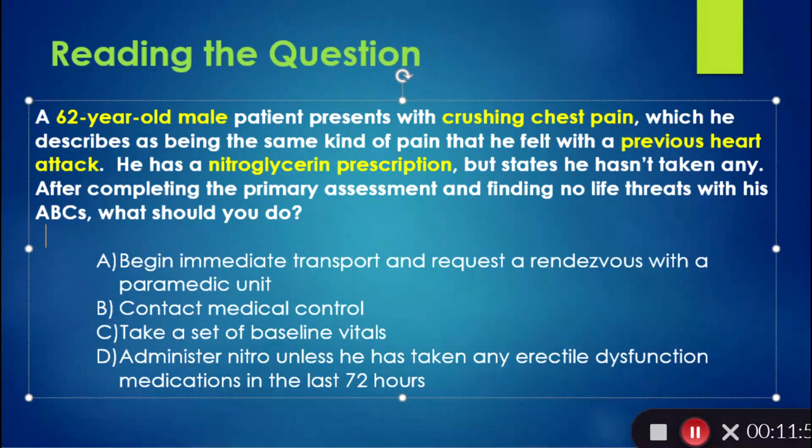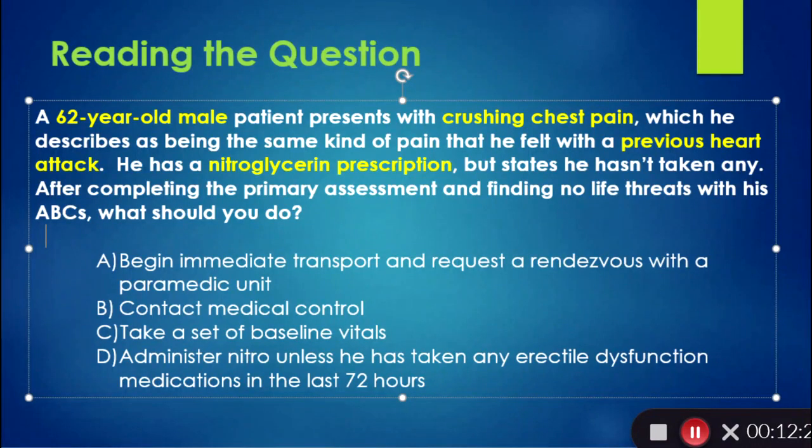Okay, let's look at D. Administer nitro unless he's taken erectile dysfunction meds. That's good, but again, we don't know what his blood pressure is. So it would be harmful to administer nitroglycerin if his blood pressure is not adequate. Therefore, looking at all of these options, C, taking a set of baseline vitals, is my best answer.